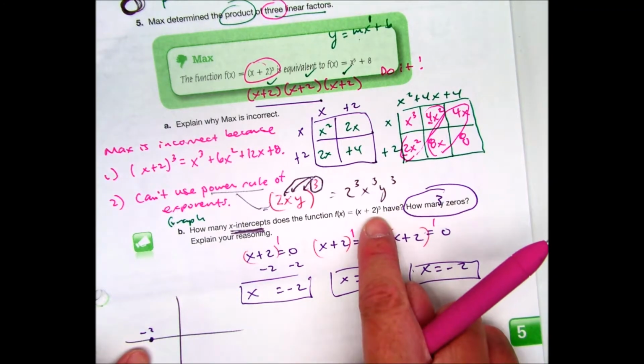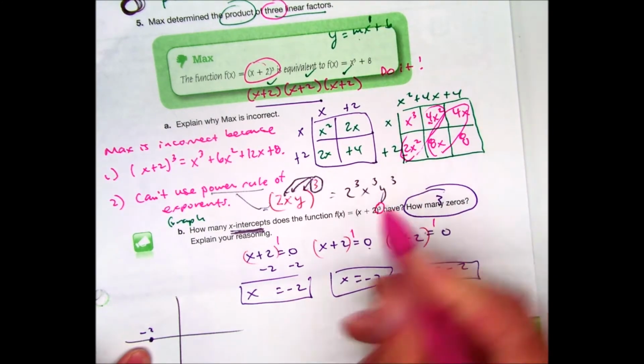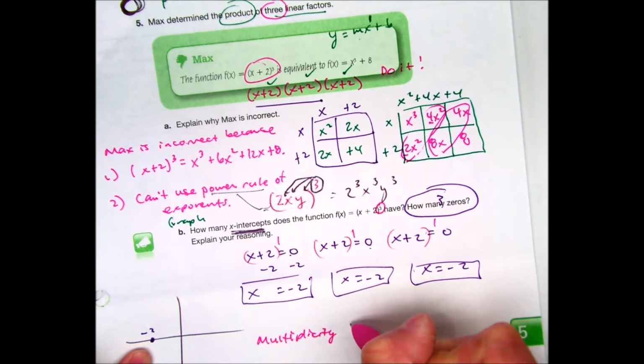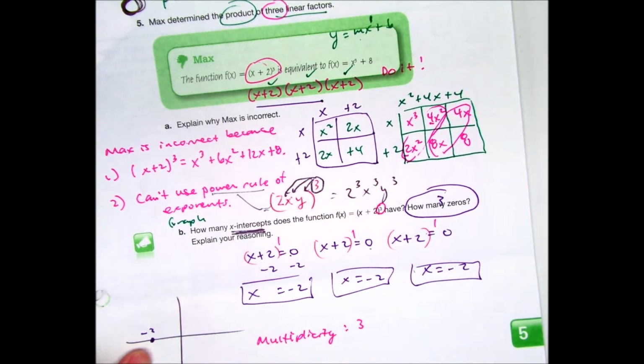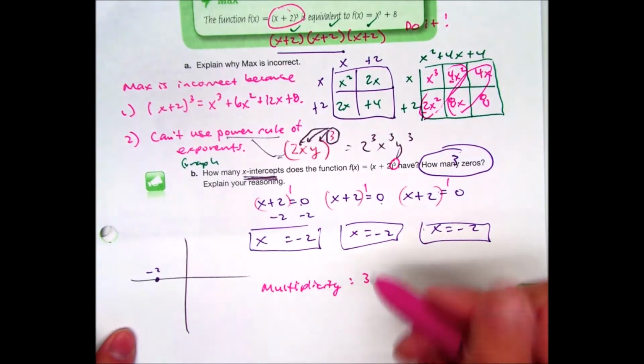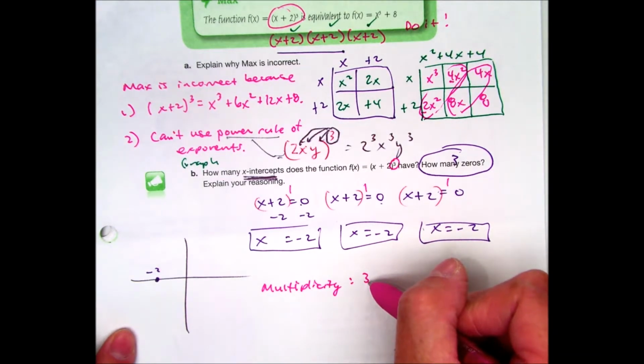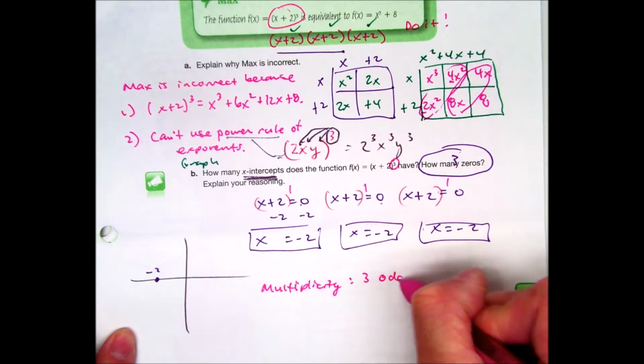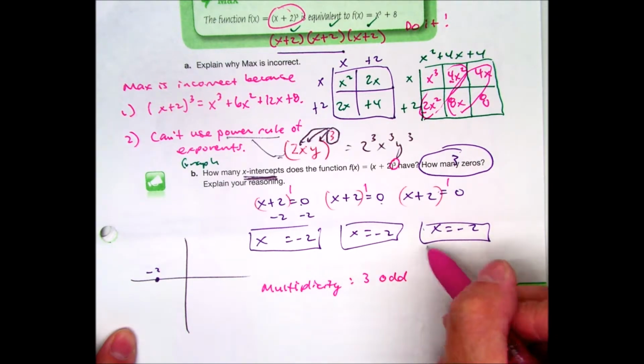So look back up here. The multiplicity in this problem is a 3. Is that odd or even, class? Odd. Kiss or shoot through? Shoot through.